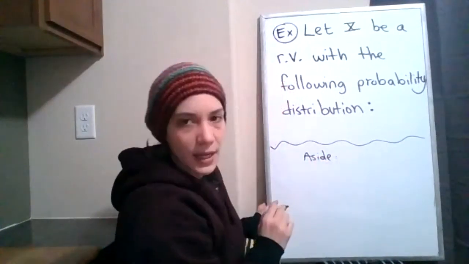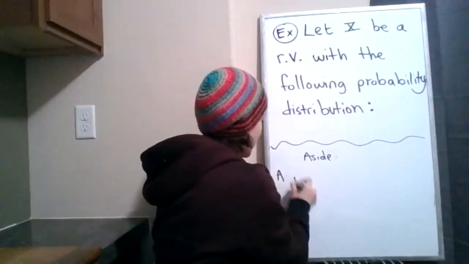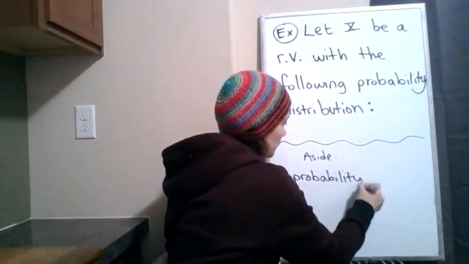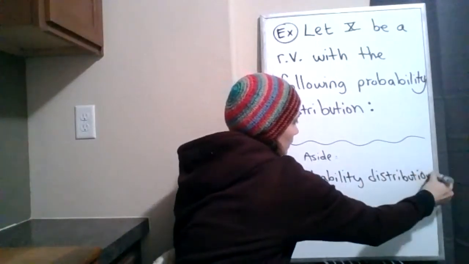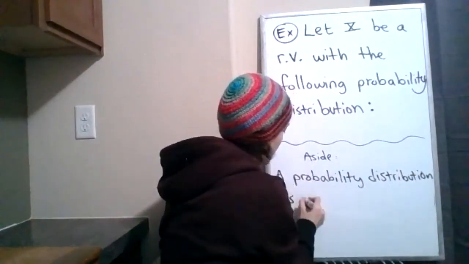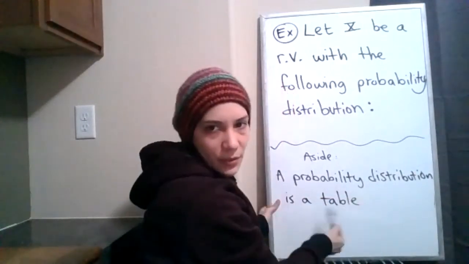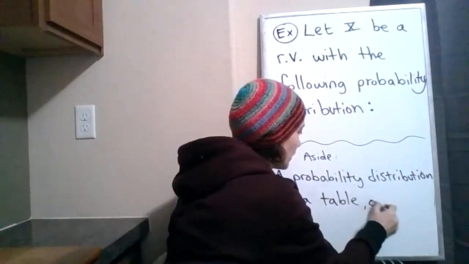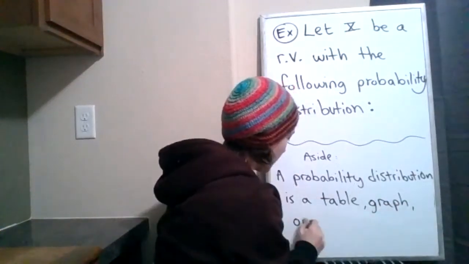So I mentioned probability distribution is a table, which for us is going to be the focus, but it could be, like you mentioned, a graph, or it could be a formula.